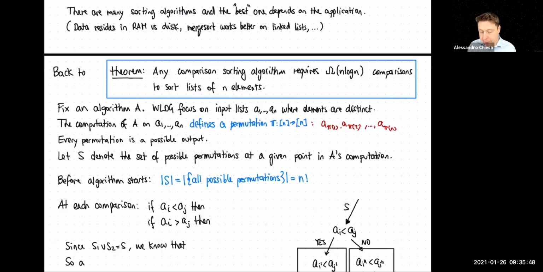Okay. Moreover, not only is there a permutation for every input, but all permutations are possible outputs, right? Because I can write down inputs to create whatever permutation I want. Among all the inputs, for example, I could write the input 1, 2, 3 up to n. I could write n, n minus 1, n minus 2, up to 1.